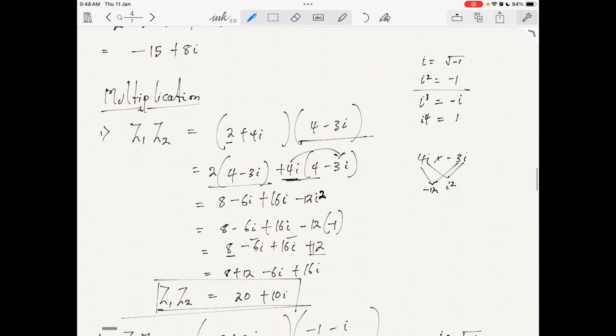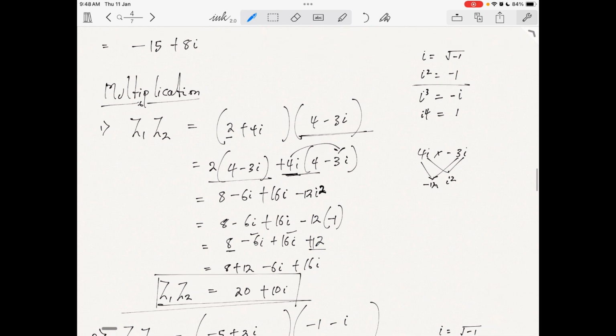And then in multiplication, we multiply all through, just like we do in polynomials, right? And then we end up having something like i squared. So we go back to our foundation, where we say that i is equal to the square root of minus 1, i squared is equal to minus 1, i cubed is equal to minus i, and i raised to power 4 is 1.